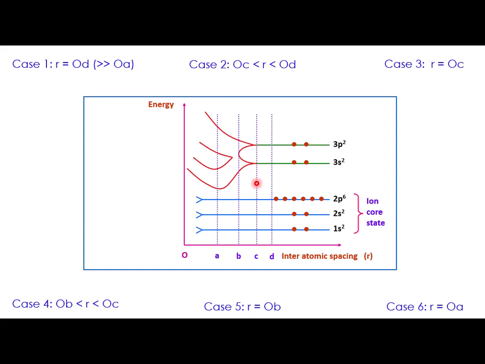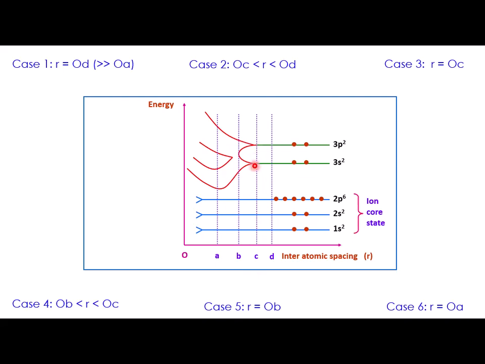That means the energy levels start getting modified. Out of the 8n energy levels in this M cell, some energy levels get a reduced value and some get a slightly higher value. They are getting modified and they start spreading at R equal to OC, at this position.